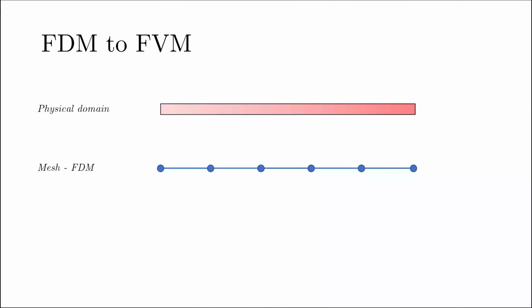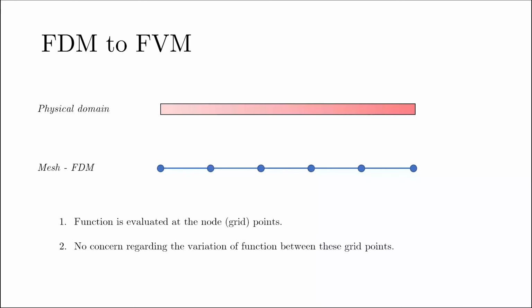In finite differences, our idea was to get the value of the function at different node points or grid points, and we were not really concerned about the variation of the function between these grid points. So if these two are my grid points, I wasn't really bothered about how the function is varying in this space. My only concern was to get the value of the function at these points.